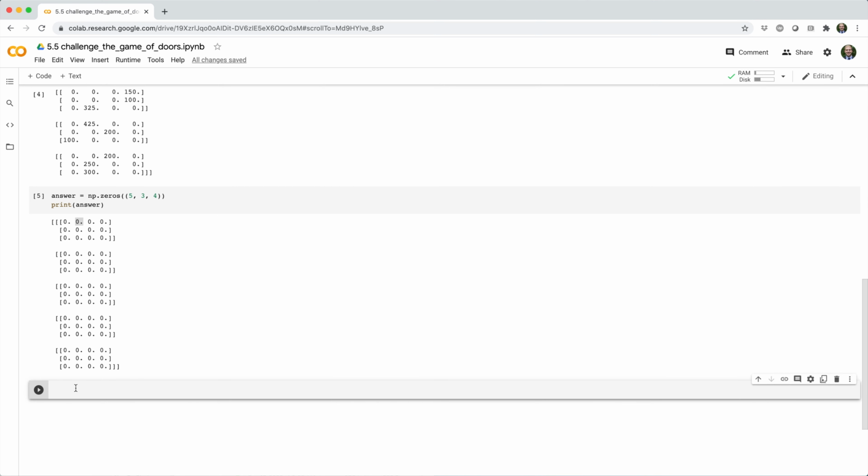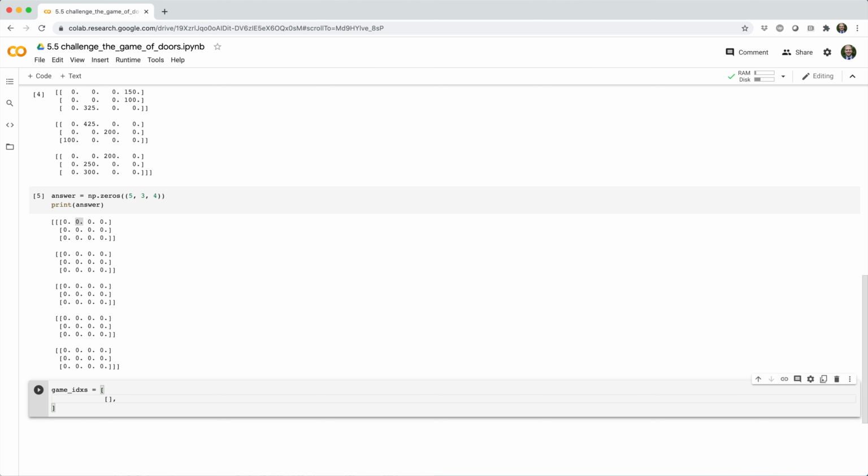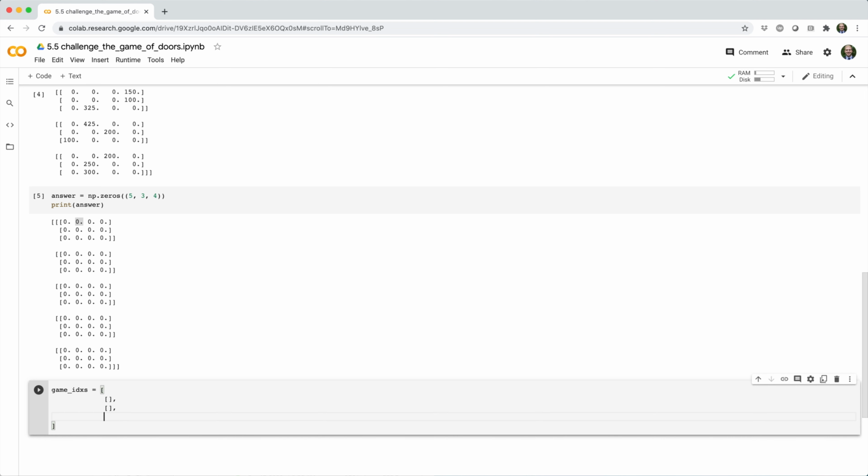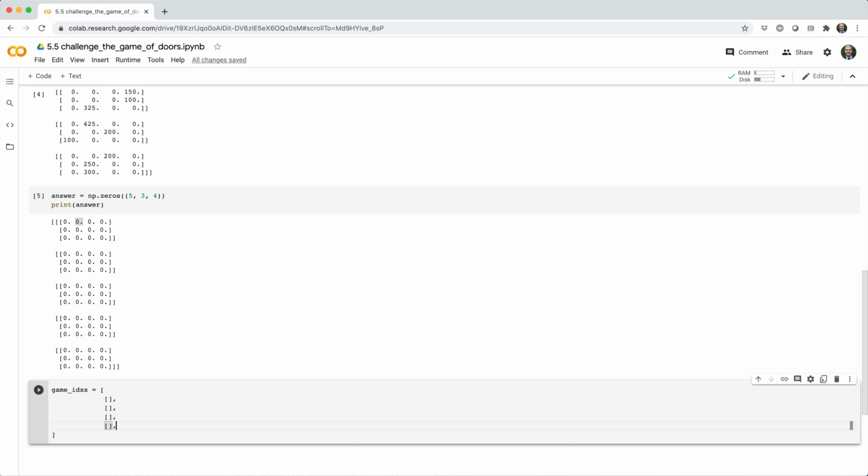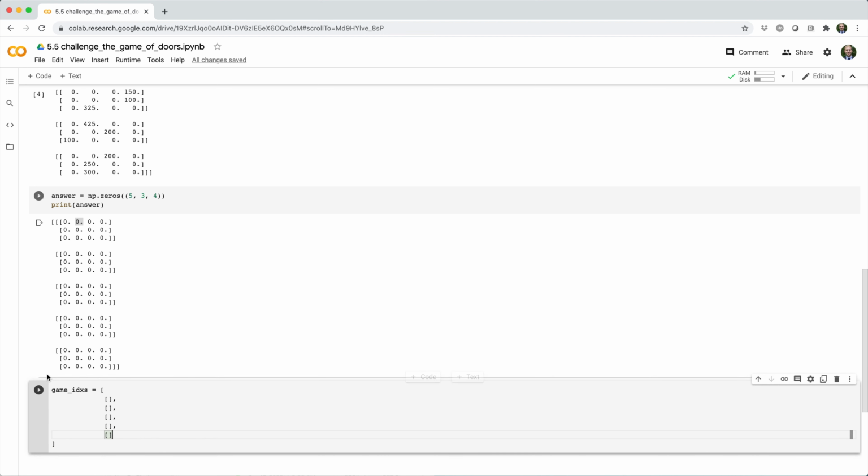So if we say game indexes, and we'll set this as, again, a 5x3 array. So 1, 2, 3, 4, 5. And so the games we're interested in are going to be 0, 0, 0, then 1, 1, 1, 2, 2, 2, 3, 3, 3, and 4, 4, 4.